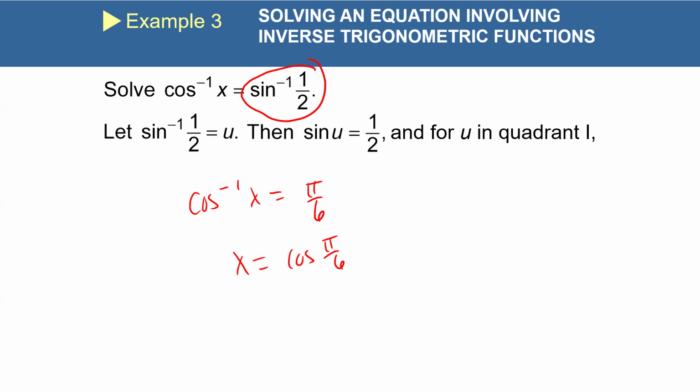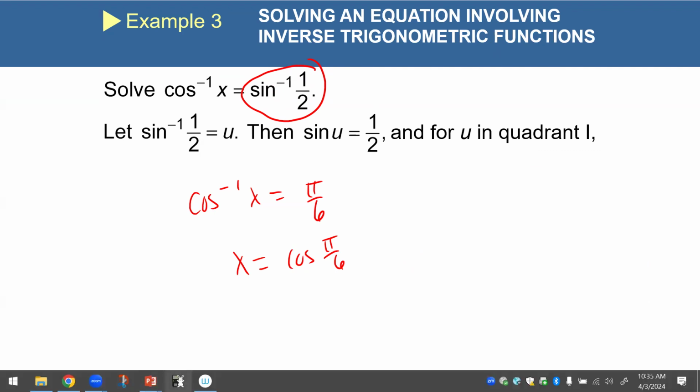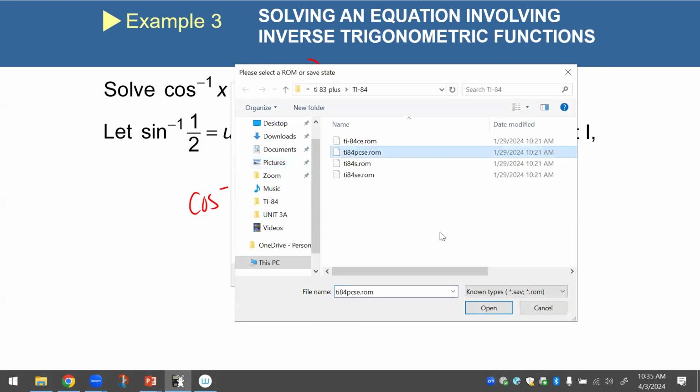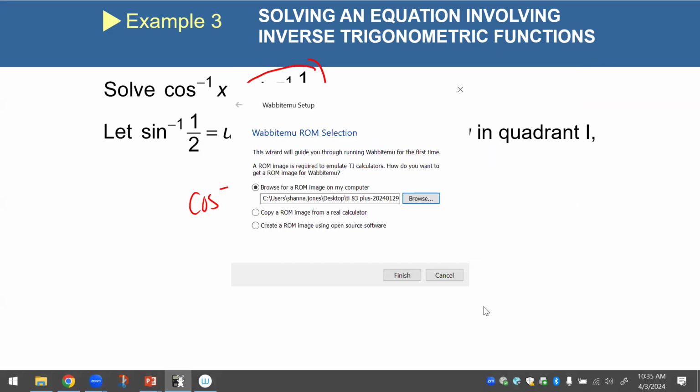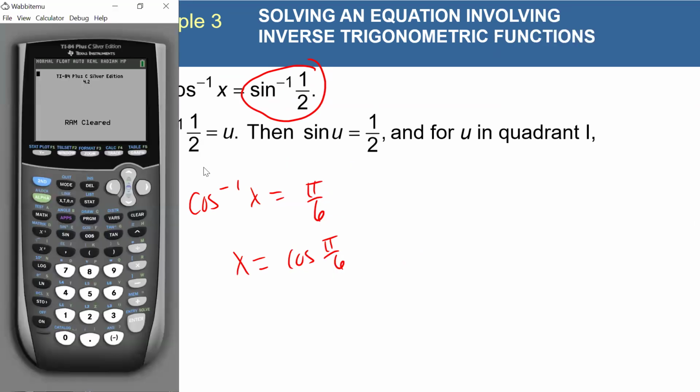So let's look at it in terms of your calculator. And I'll even put it in degree mode. So I'm going to go to mode. I'm going to switch to degree so you can see it. Okay. I'm going to do the sine inverse. So second sine of 1/2.